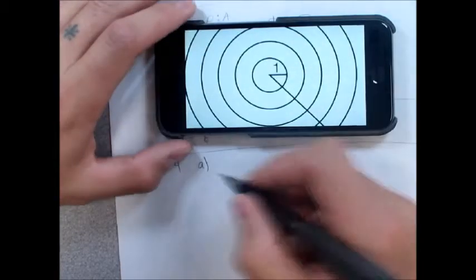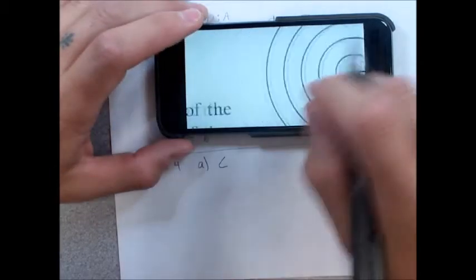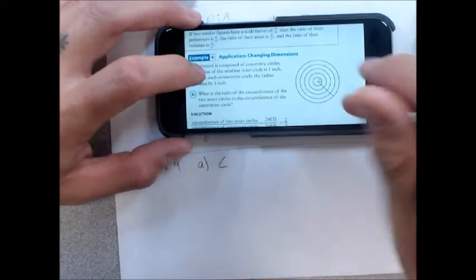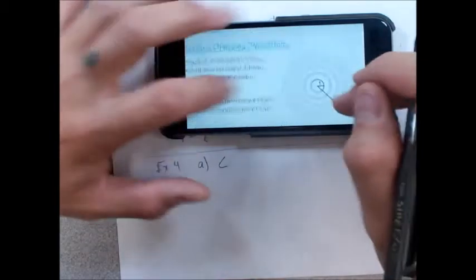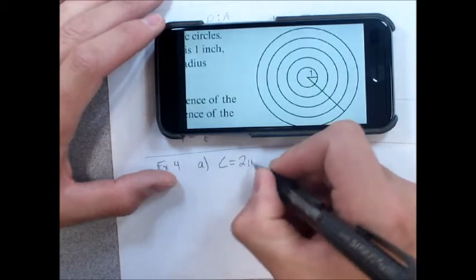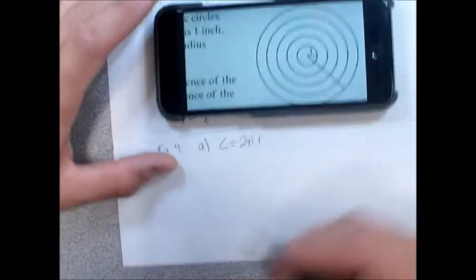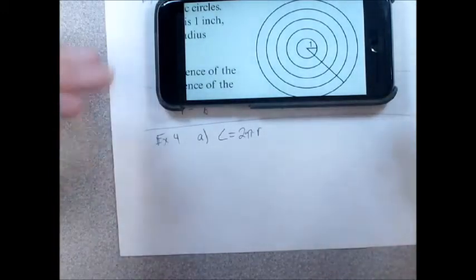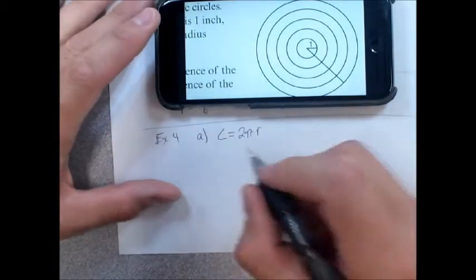So we're recalling that circumference, because that's what we're looking for, right? It says, what is the ratio of the circumference of the two inner circles? The circumference measurement gives us 2 pi r. I'm going to leave them in terms of pi, just for simplicity's sake, because when I do my ratio, it'll simplify out.